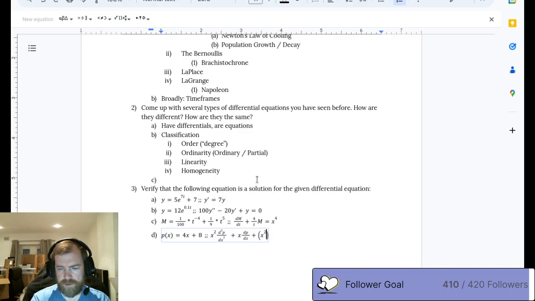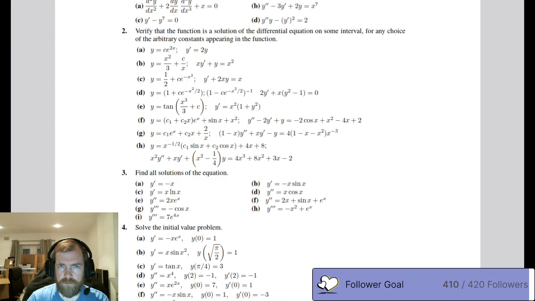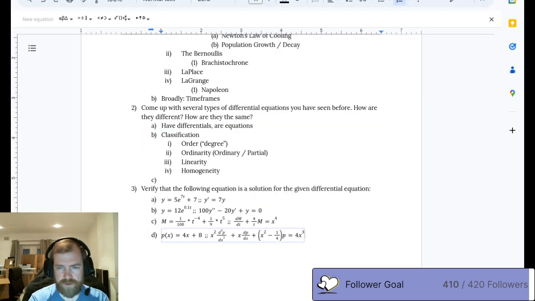Square minus fraction 1/4 times, nope, that's p, is equal to 4x cubed plus 8x squared plus 3x minus 2.